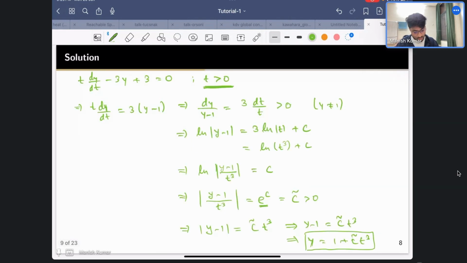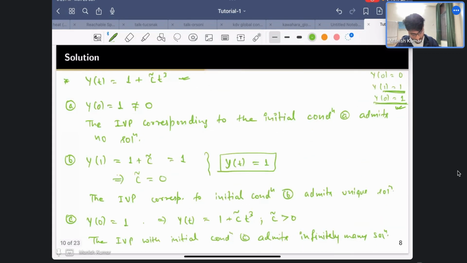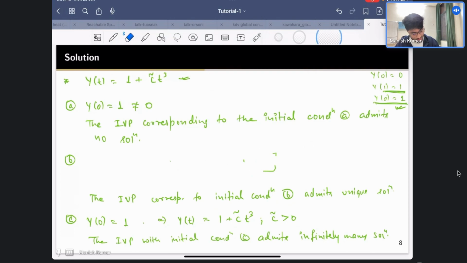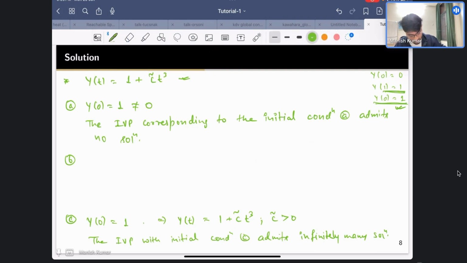Okay, so let me write this case separately. When y is 1, we cannot do this kind of analysis. So in this case, I'll just say that y(t) equal to 1 for all t greater than 0 is a solution of the IVP, right?